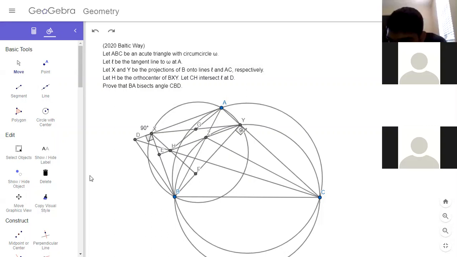I don't know if that's enough. Oh no, I want to show BDA is similar to ABC, and I can show BXY is similar to ABC. Maybe we could use like the gliding principle.